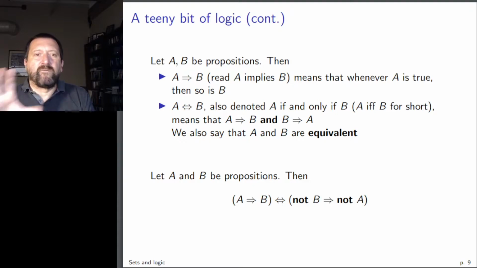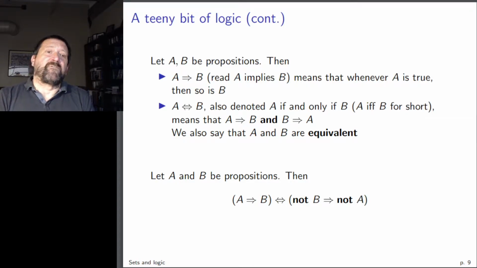Now, if we have two propositions, we write A implies B to mean that whenever A is true, B is also true. And we write A equivalent to B, which we also say A if and only if B, and that means that both A implies B and B implies A are true.